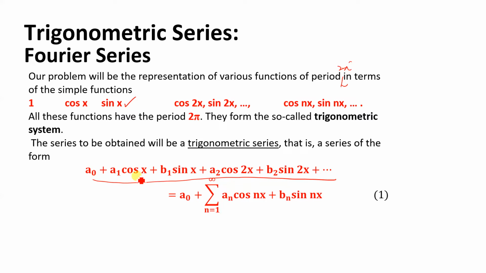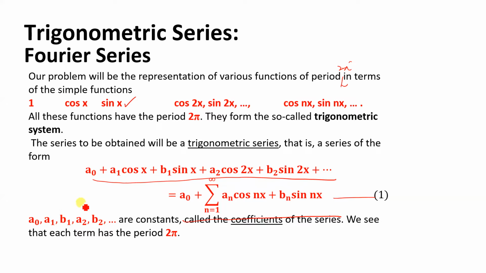a0 plus a1 cos x plus b1 sin x plus a2 cos 2x plus b2 sin 2x and so on. Or it can be written in sigma notation as shown in 1. Here a0, a1, b1, a2, b2, that is all the a's and b's, are constants, and these are called coefficients of the series.